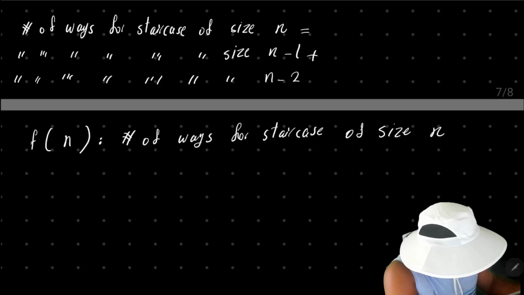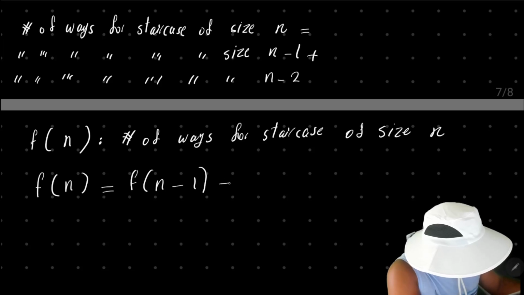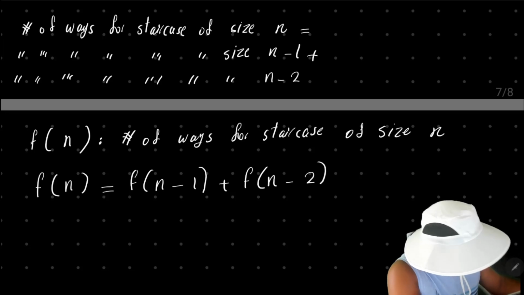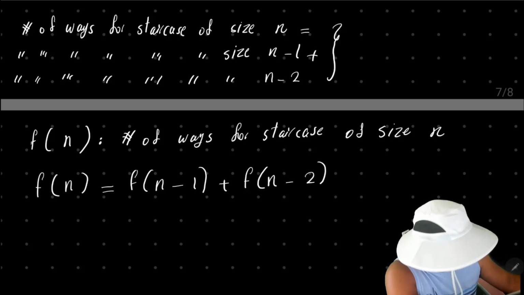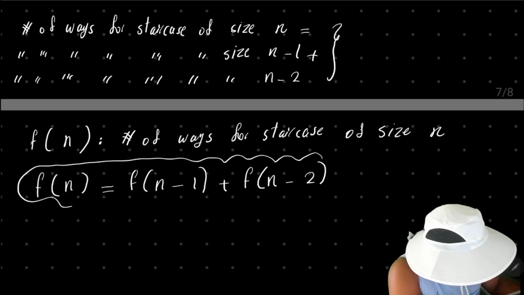So if I rewrite what I wrote earlier, that means f of n equals f of n minus 1 plus f of n minus 2. That's basically what I wrote earlier, just in a more mathematical, more elegant way. Nothing different. That's the whole idea.